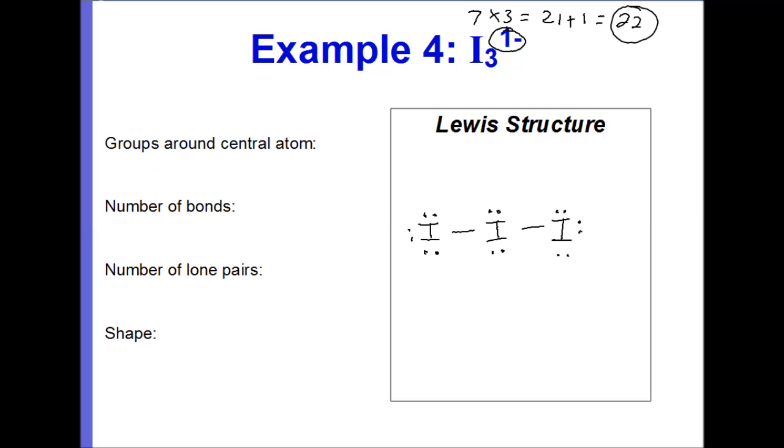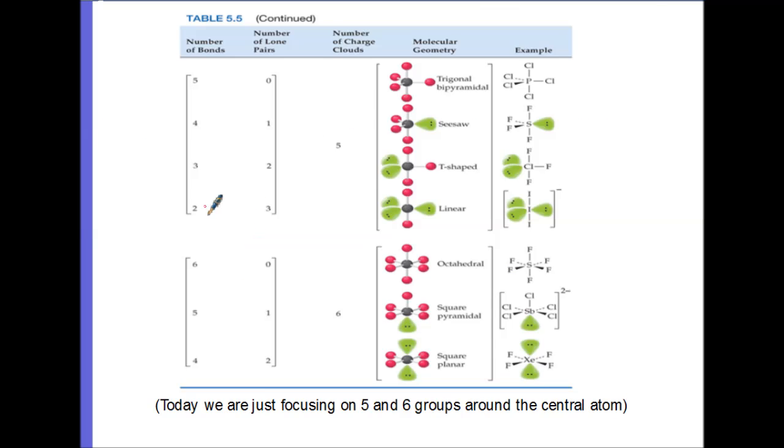Let's start counting up our valence electrons. I have 2, 4, 6, 8, 10, 12, 14, 16, 18, 20. I don't have enough. I only have 20. So I'm going to add a lone pair to my central atom. Now when I count my groups, I have 2 bonding and 1, 2, 3 lone pairs. So I have 5 groups, 2 bonding and 3 lone pairs, and this is going to be a linear shape.